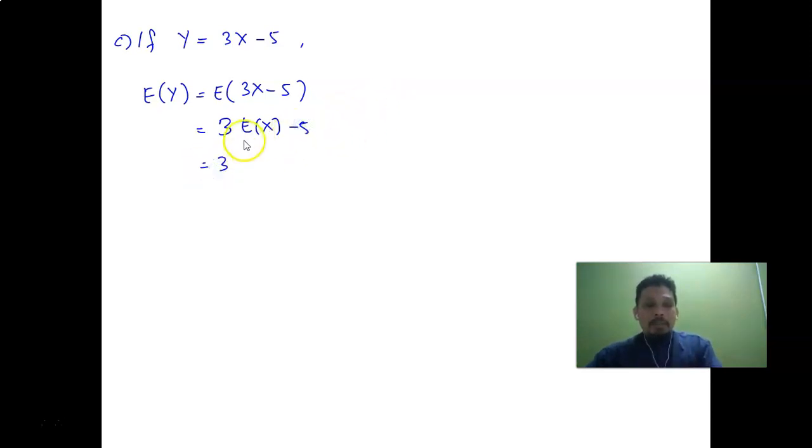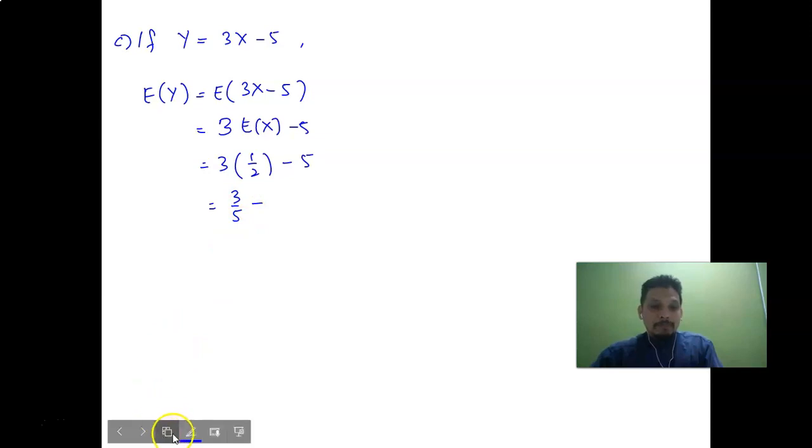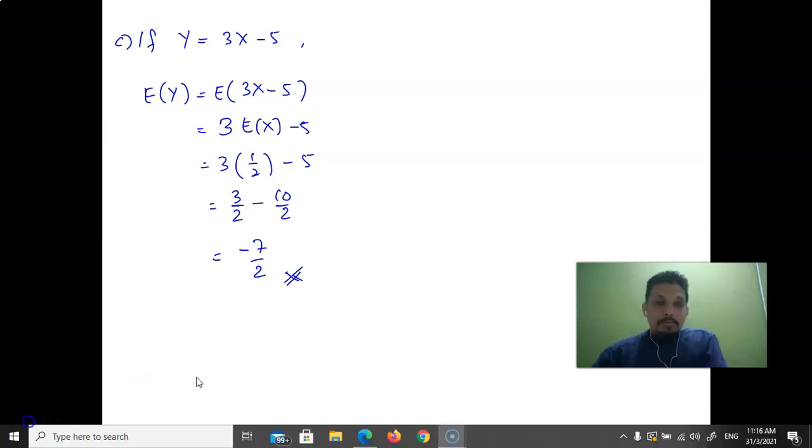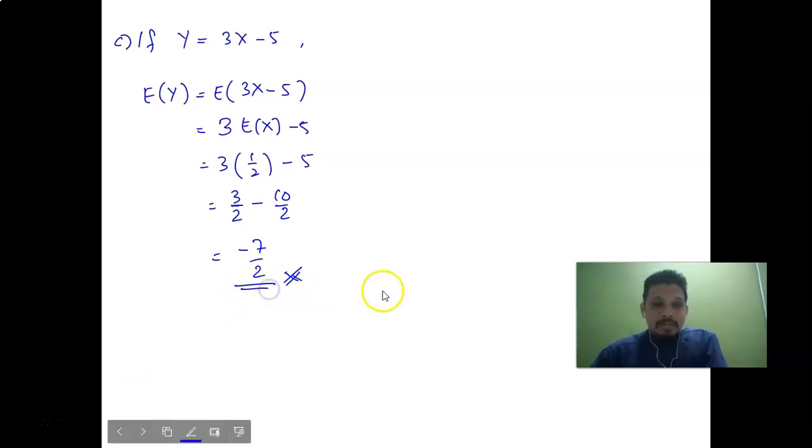So 3 times E(x) equal to 1 over 2 minus 5. So 3 over 2 minus, okay, 3 times 1 equal to 3 over 2 minus 5. 5 times 2 equal to 10 over 2. So 3 minus 10 equal to negative 7 over 2. Okay, so I counted it is negative 7 over 2.